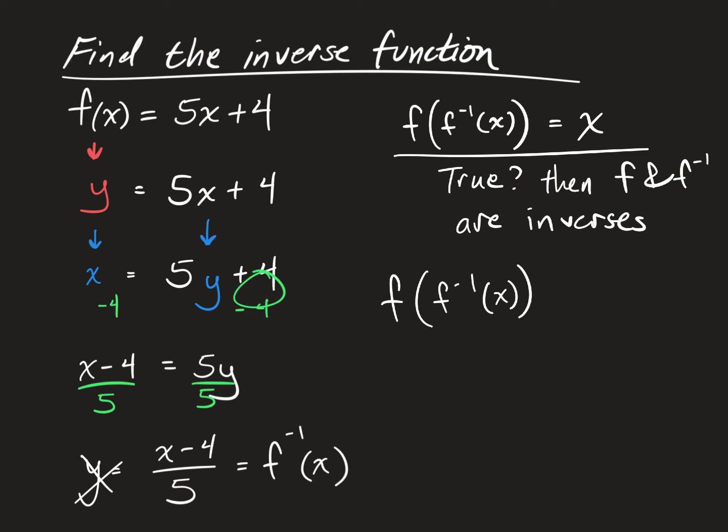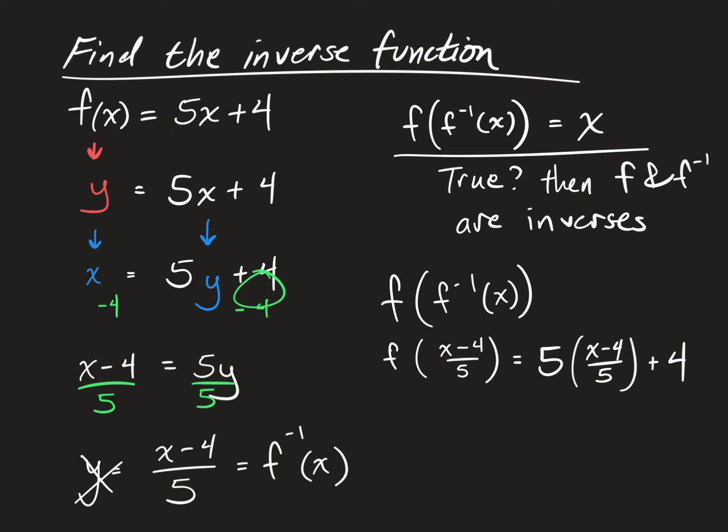So really what that means is we're going to replace that f inverse of x with the actual function, x minus 4 over 5. And from there, we know we have to substitute this expression into this function. So it'll look something like this. And you can see that the inverse function was substituted into the original function.